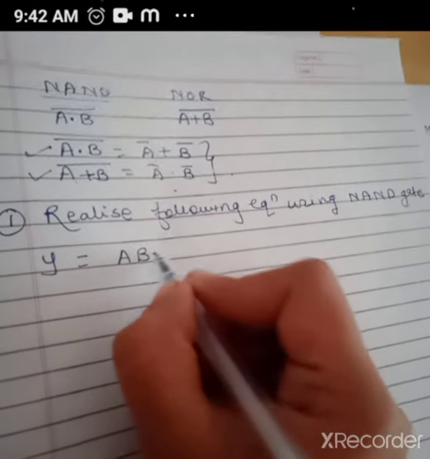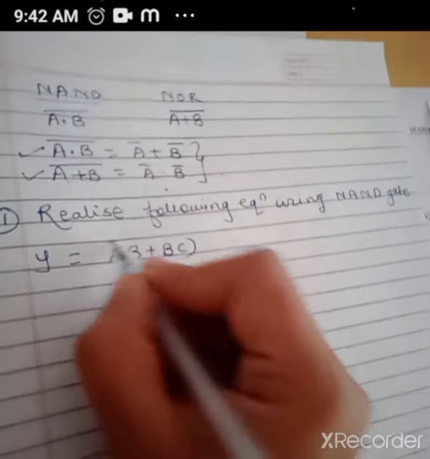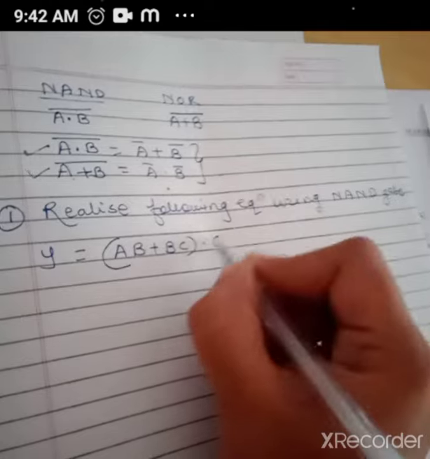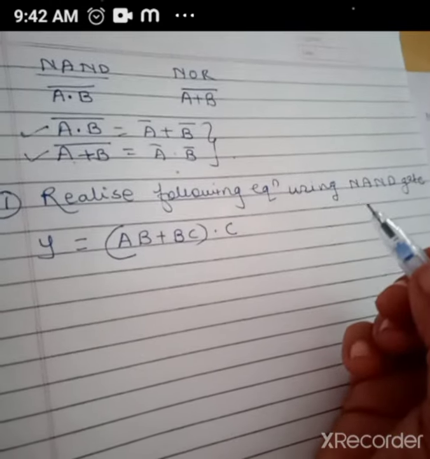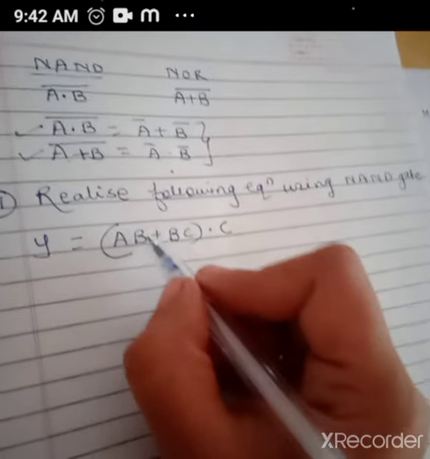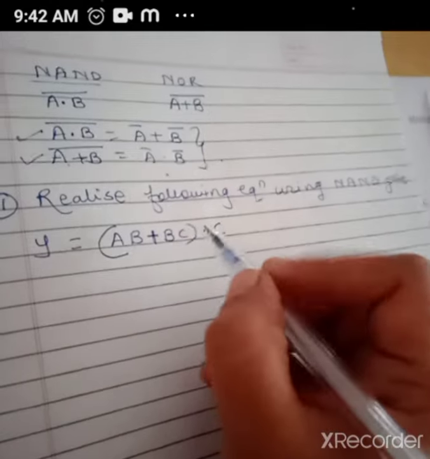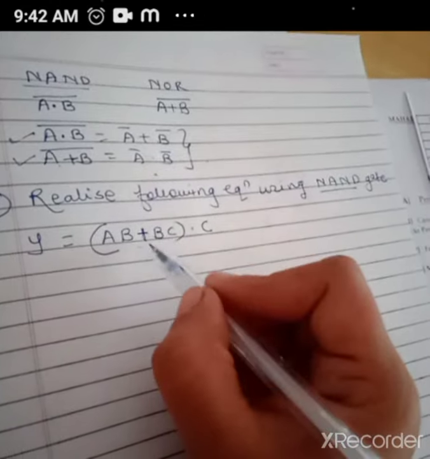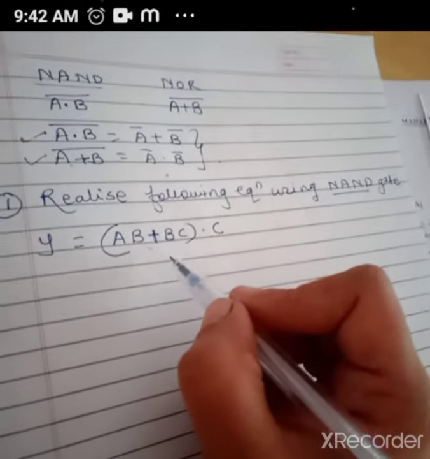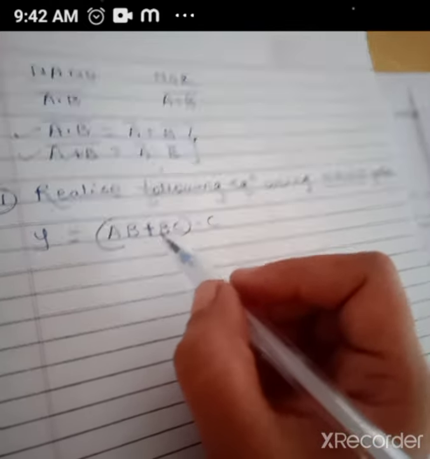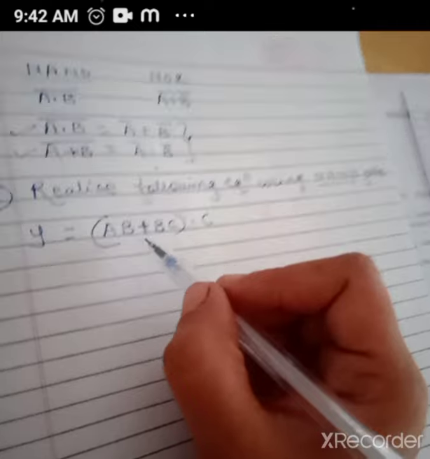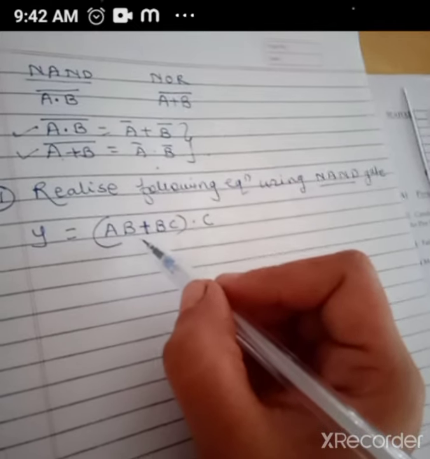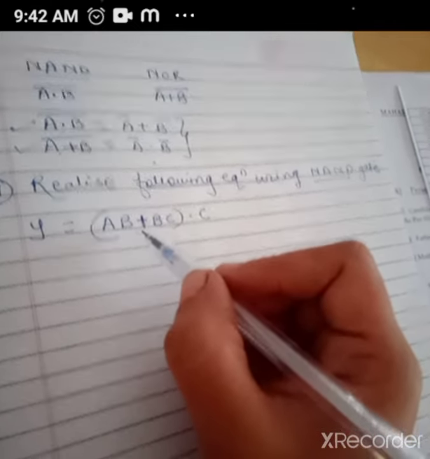So y is equal to AB plus B into C, bracket multiplied by variable C. So in this equation plus is there. So if you want to implement with NAND, this plus should not be there in your equation, right? So you have to remove this plus. And how to remove this plus? By applying De Morgan's theorem, right?